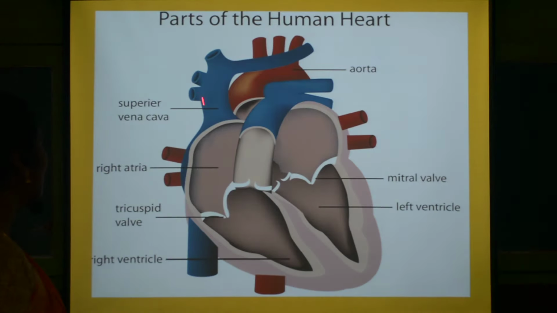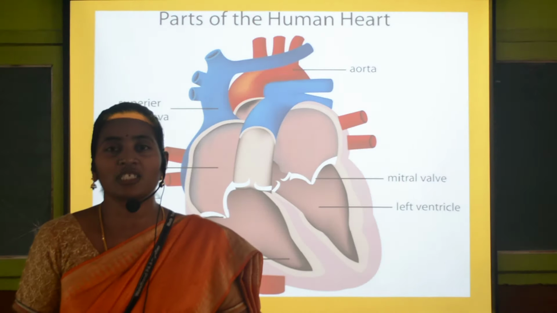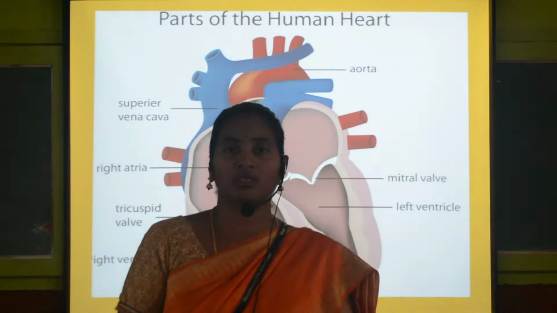So it collects the deoxygenated blood or impure blood. From this superior and inferior vena cava, the blood will lead to the pulmonary artery, and from here to the lungs for purification. Purification in the sense of oxygenation.